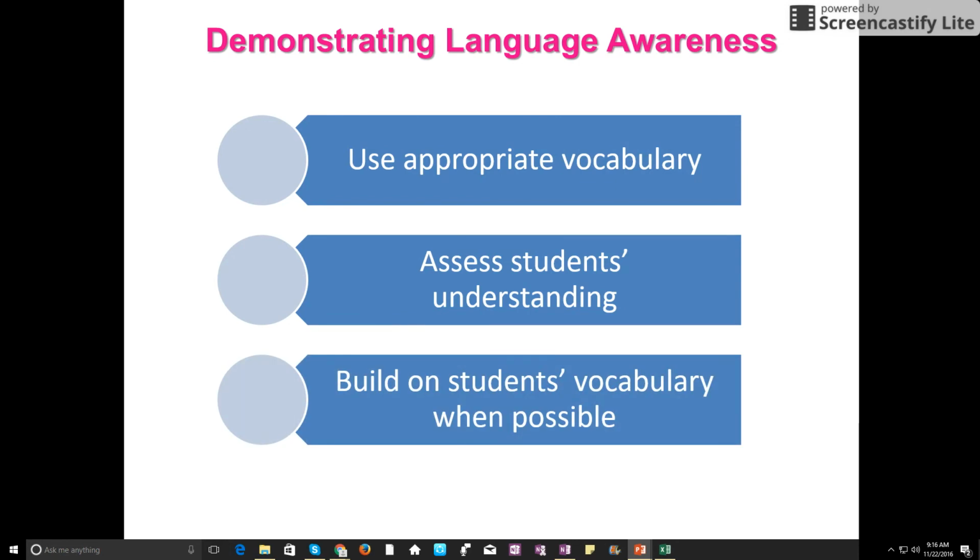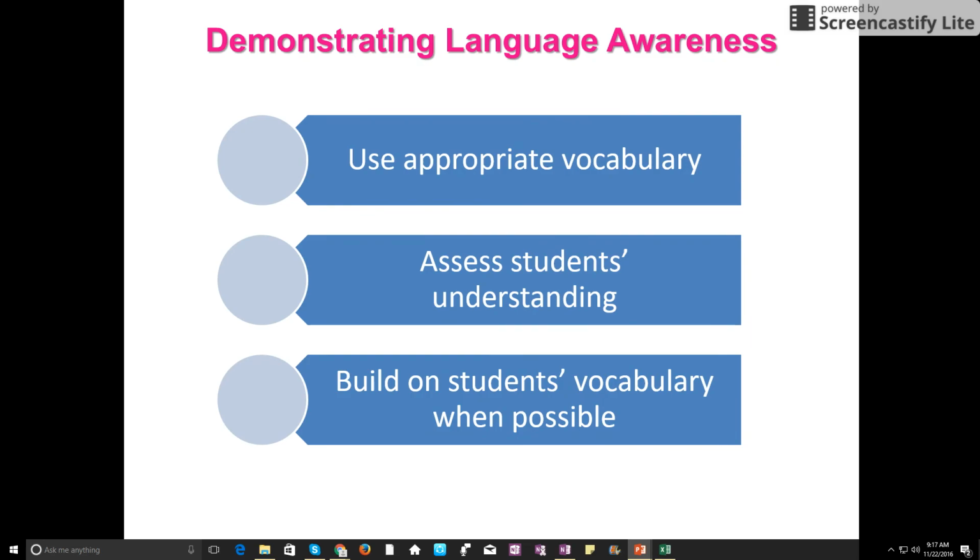We want to build on our students' vocabulary. We want them to make progress each class they have with us. And so when an opportunity arises, we want to introduce new vocabulary, specifically based on the class itself.